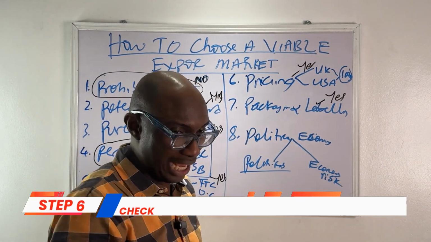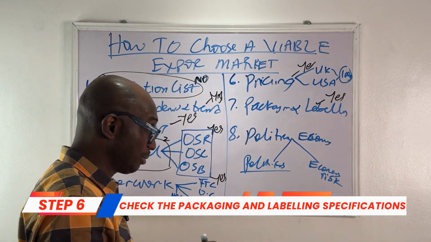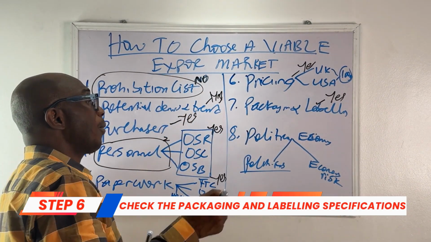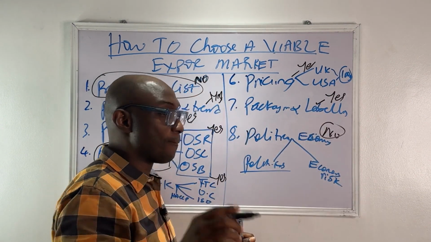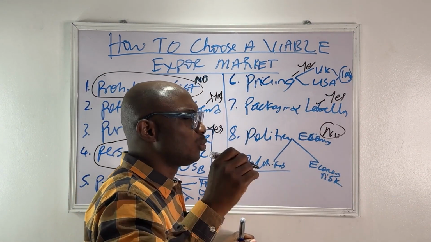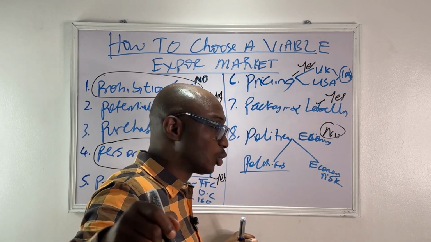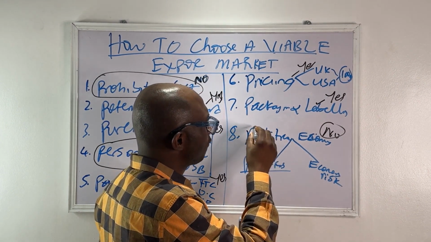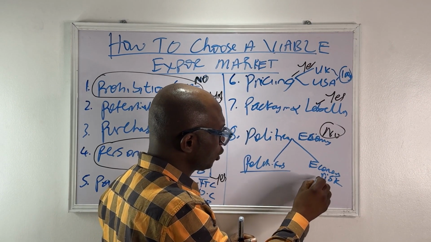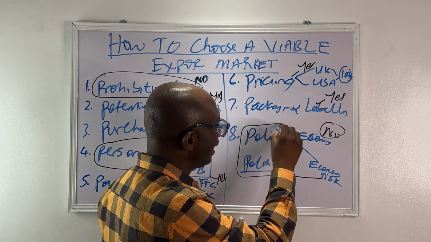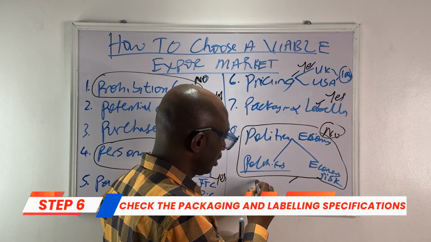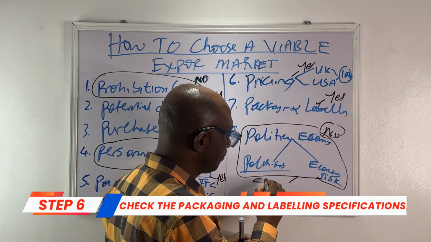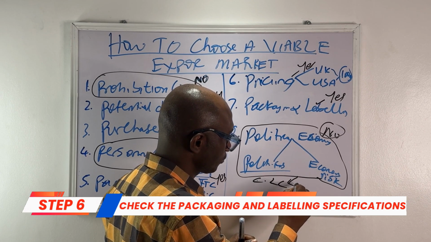Now, let me say something here, and this is very important. Do you know, political economy, if it is no, I can still go ahead. But you know what I will do? I will look for a trade finance instrument that will shield me from this risk. I can use a confirmed letter of credit.